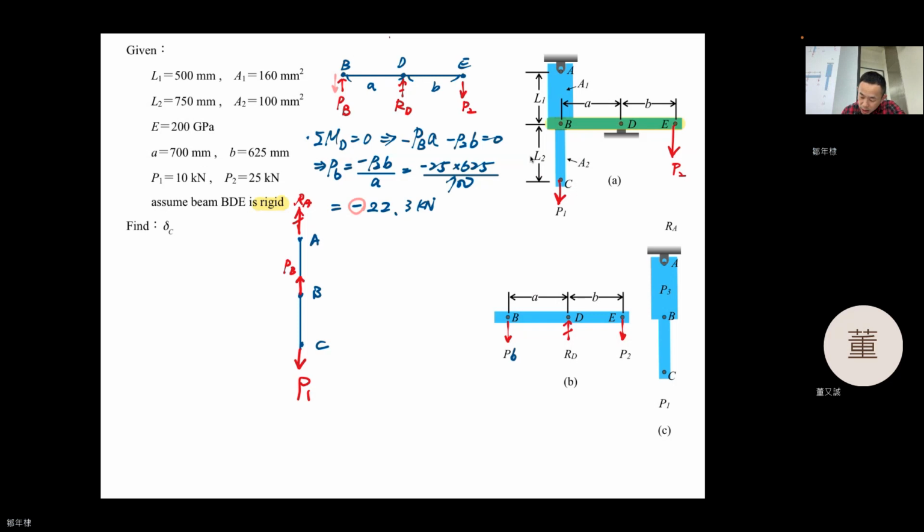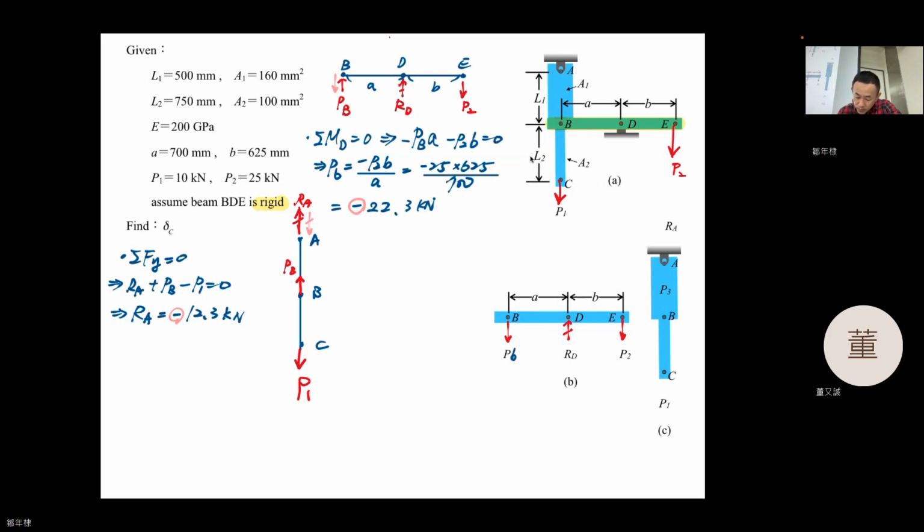So let's take a look. Sigma Fy equal to 0. RA plus PB minus P1 equal to 0. RA equal to minus 12.3 kN. So you see minus again, which means that the assumption was wrong, okay?